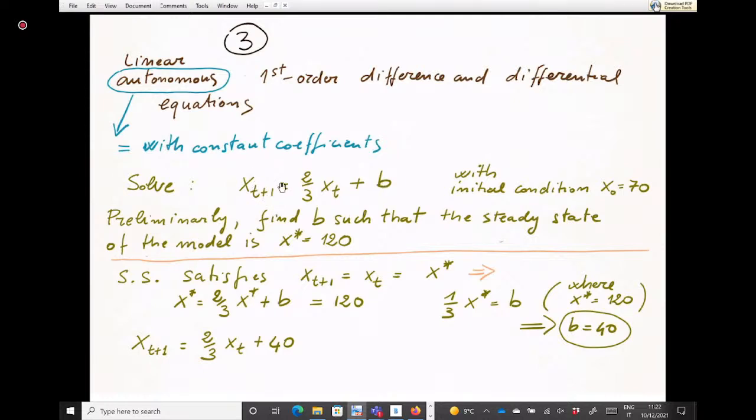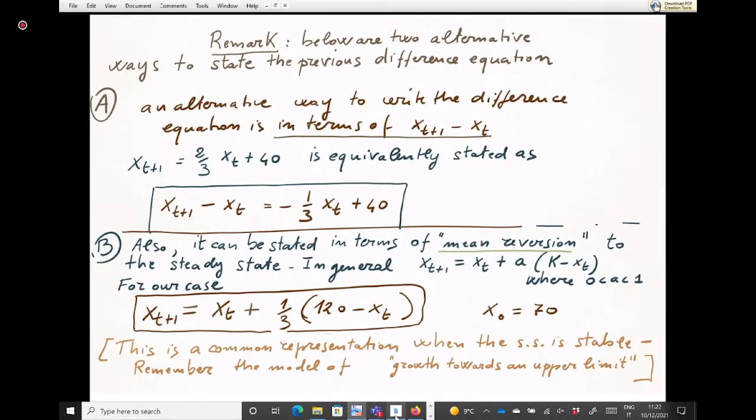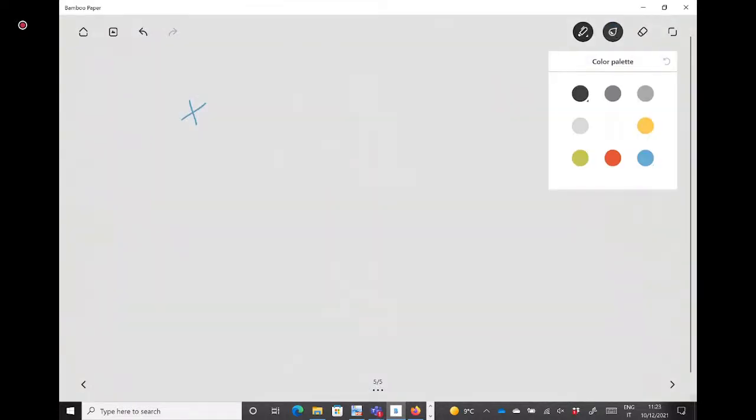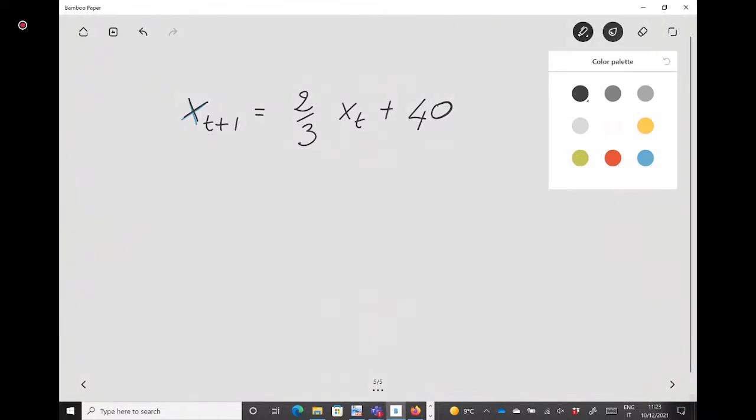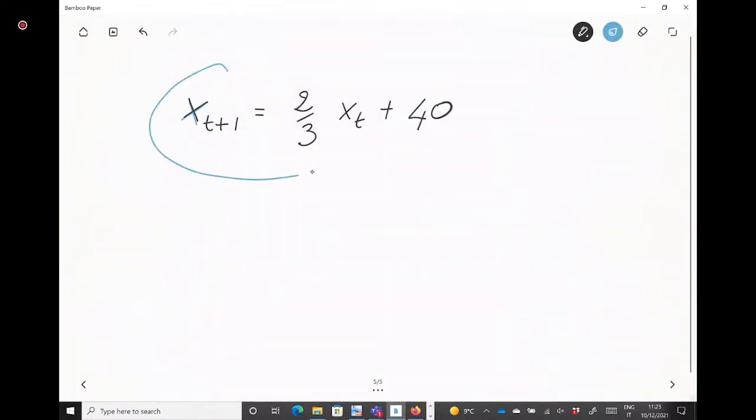For instance, this one: xt plus 1 is equal to 2/3 xt plus 40. If you don't remember the solution formula, you can do like this. This is called the associated homogeneous equation.